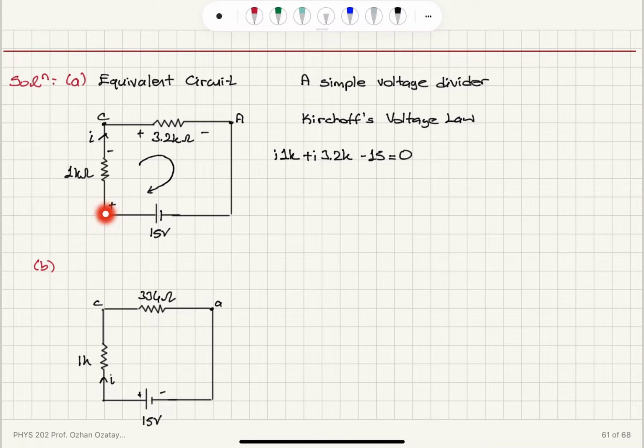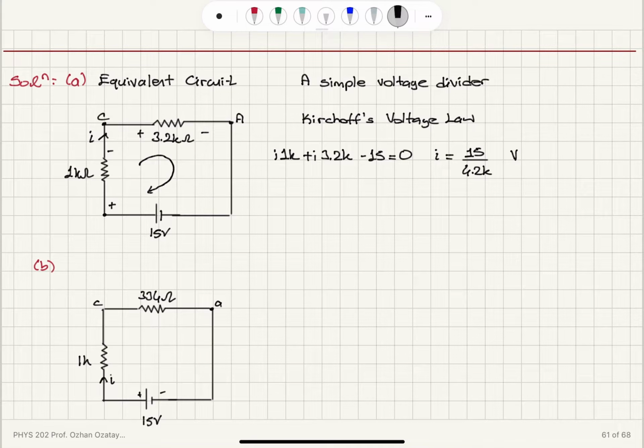The potential difference between this point and this point when I complete the loop should be 0. So this gives me a current I equal to 15 divided by 4.2 kilo ohms.